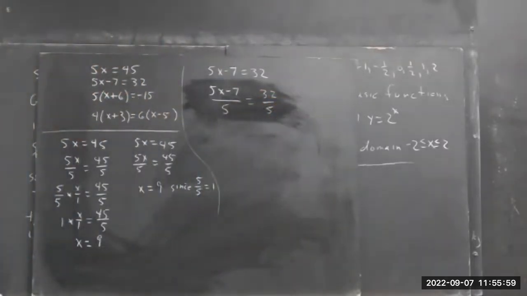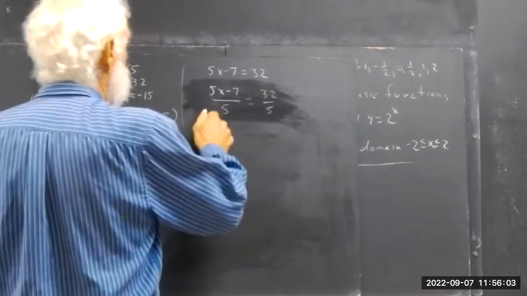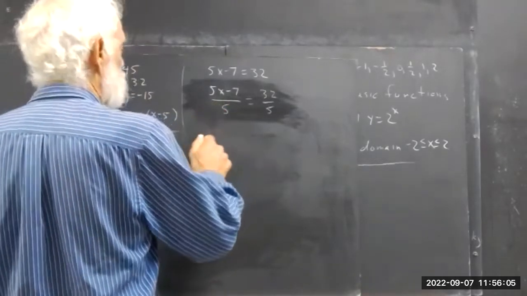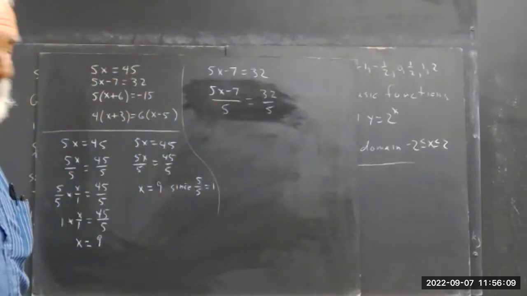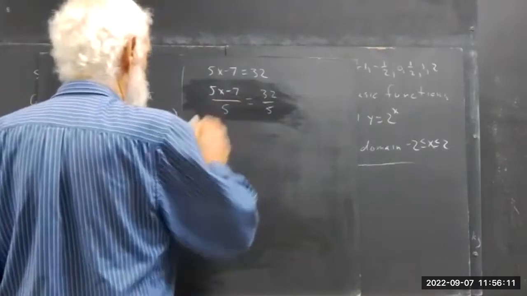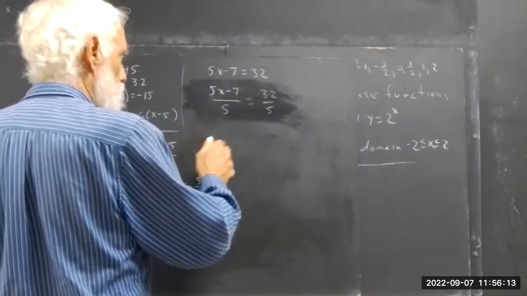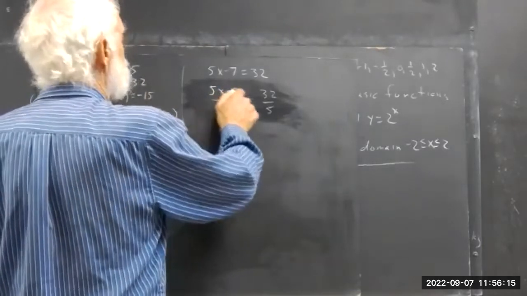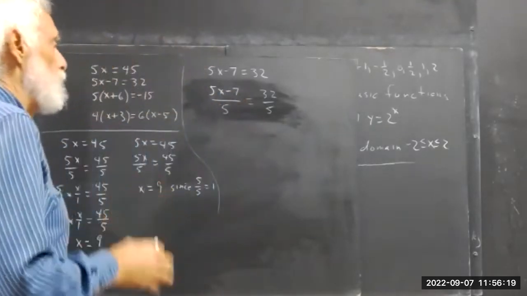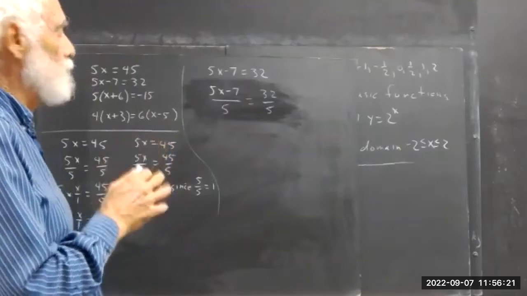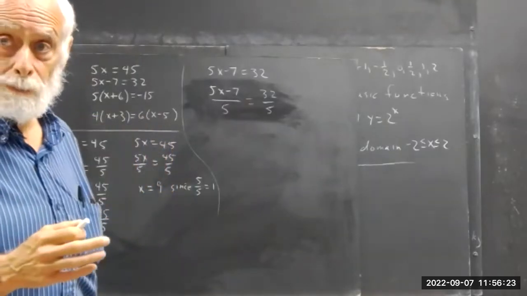Okay. Then you can say, well, okay, 5x minus 7 over 5, you have a distributive law. Okay, and I'll explain a little more about the distributive law with a more obvious example, but multiplication distributes over addition or subtraction.